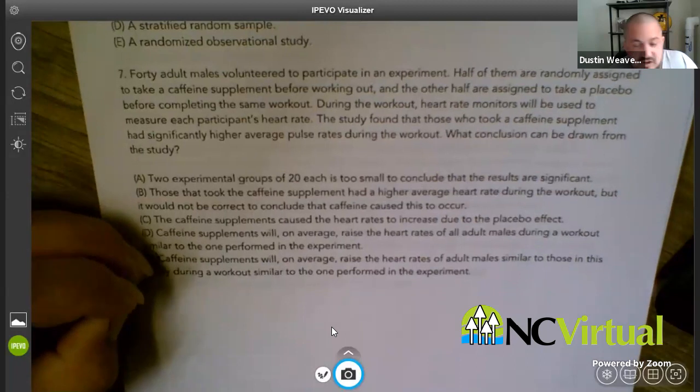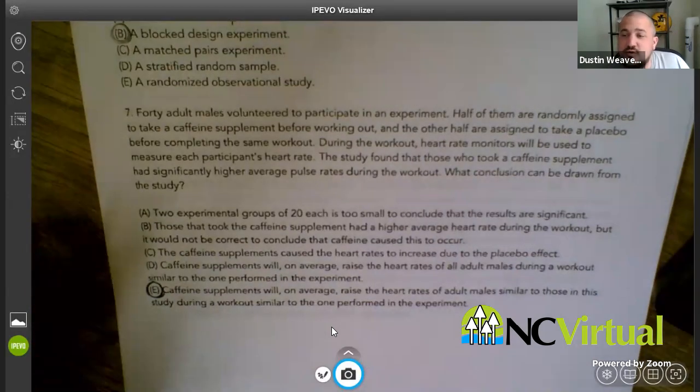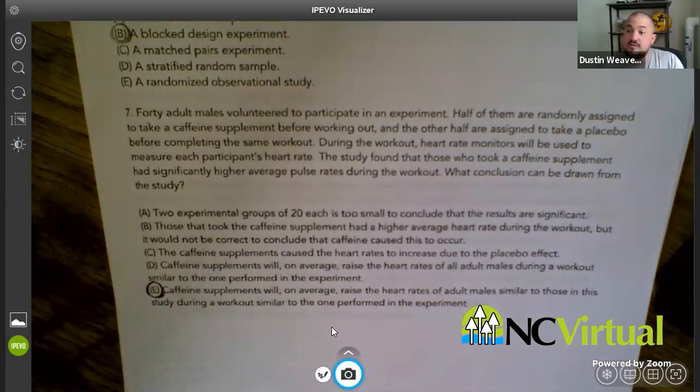So we have learned you have to be very specific with your conclusion, right? So we've learned that caffeine supplements will, on average, raise the heart rate of what? Well, in this case, it was 40 adult males. So of adult males, but what type of males? The ones that volunteered, right?